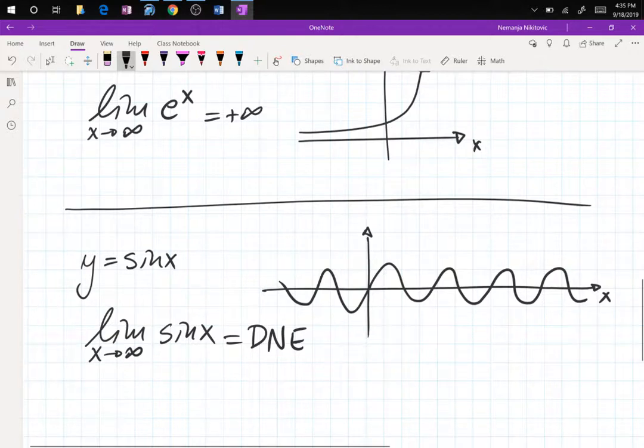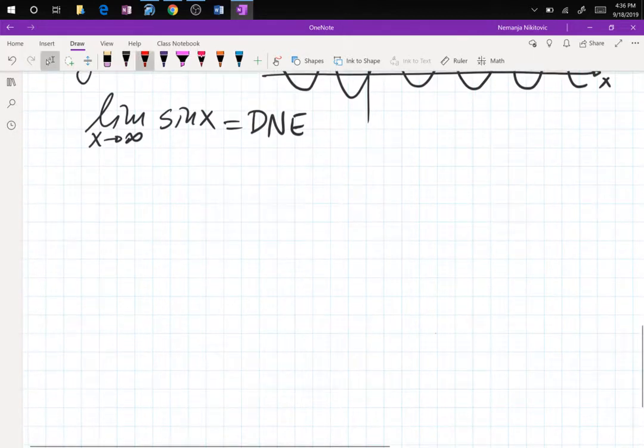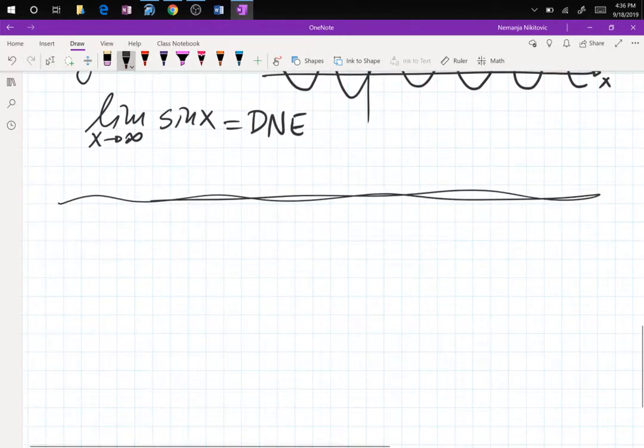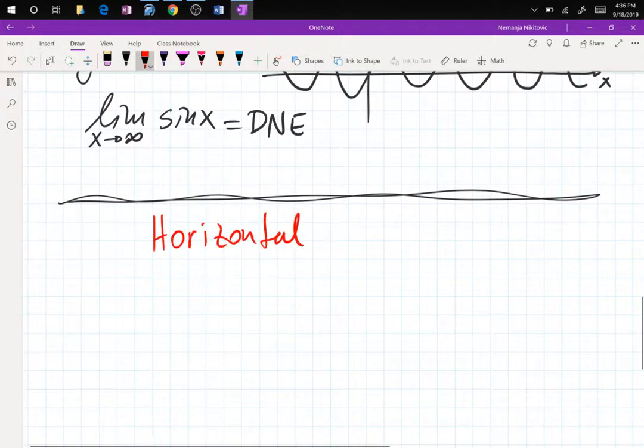And now we would like to know the use for this, so that we can eventually push this into physics and then eventually into engineering, so we can build stuff. So the first use of this would be horizontal asymptote.